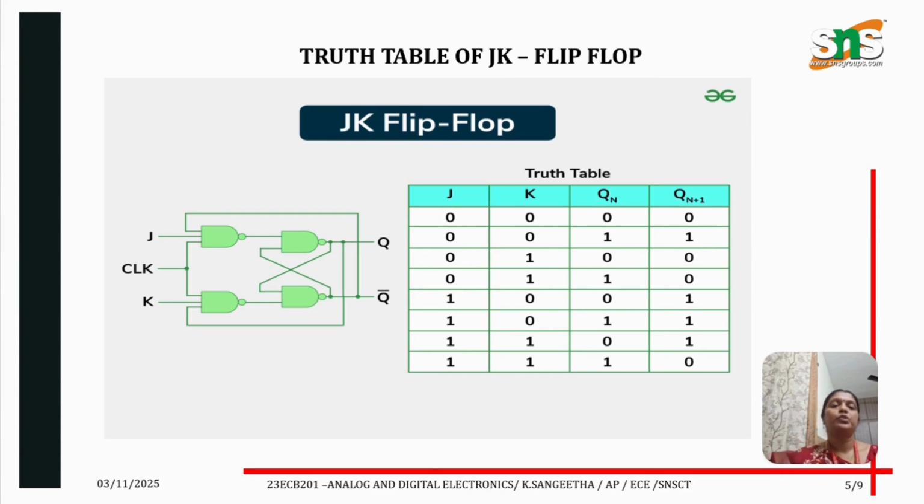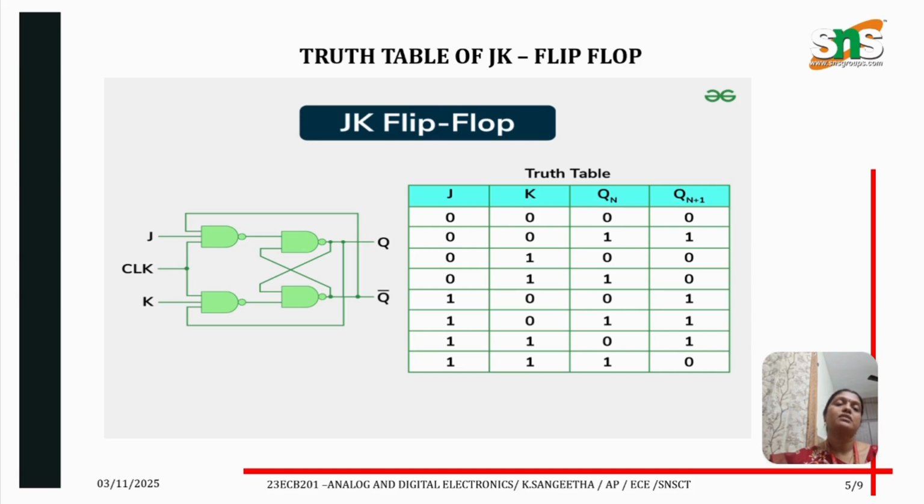If both inputs are 0, the output will be held at its previous state. This is called hold state. And if the inputs are 0 and 1, it will be in reset state. That is, reset means 0. For example, J is 0 and K is 1.